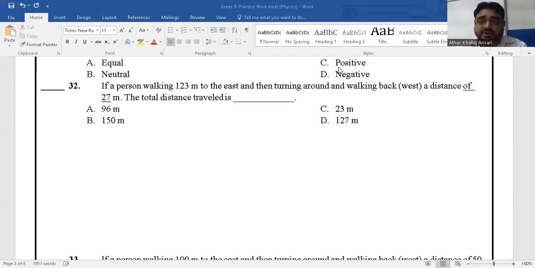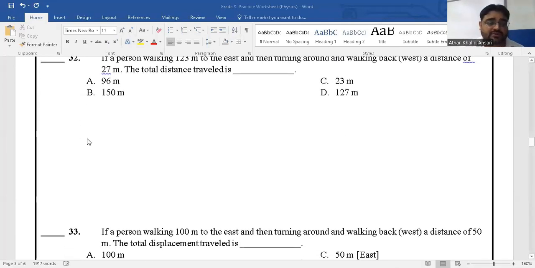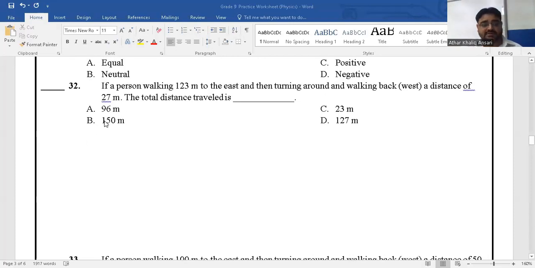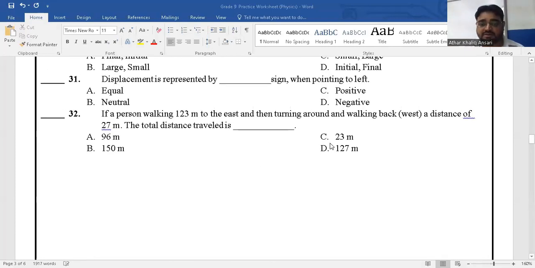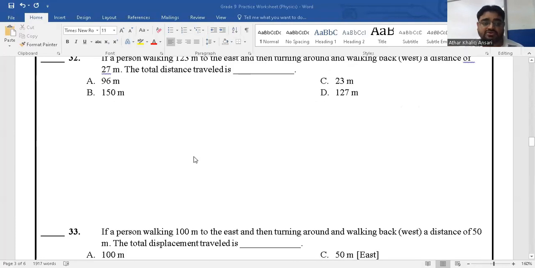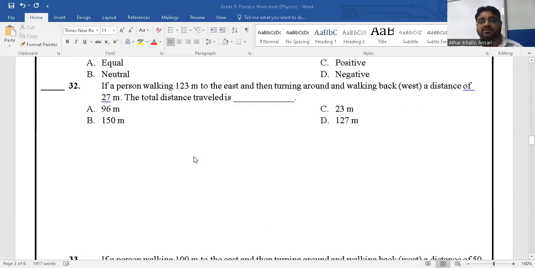Let me give you a complete understanding with this example, question number 32. It says a person walks 123 meters to the east and then turns around and walks back west a distance of 27 meters. So he is moving in one direction and then getting back in the other direction.